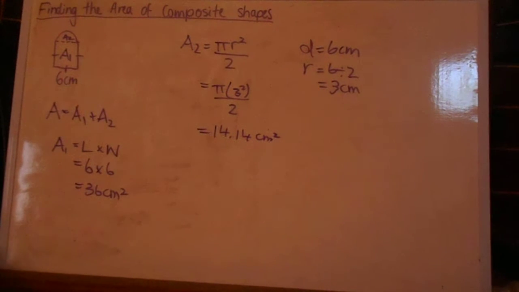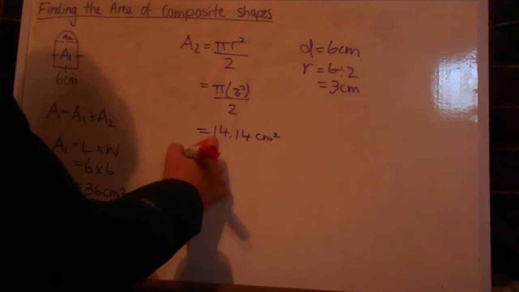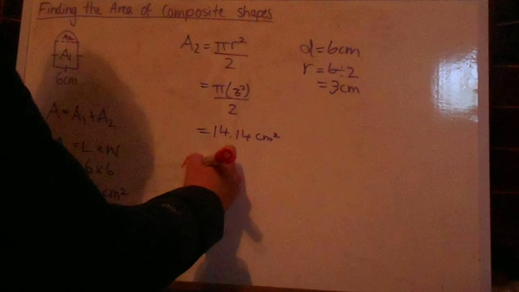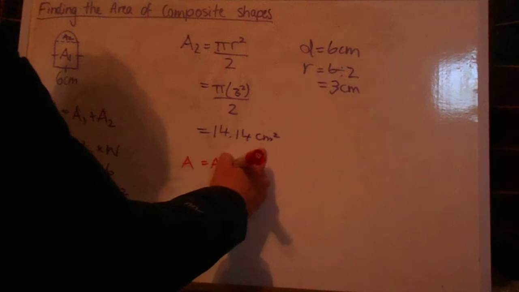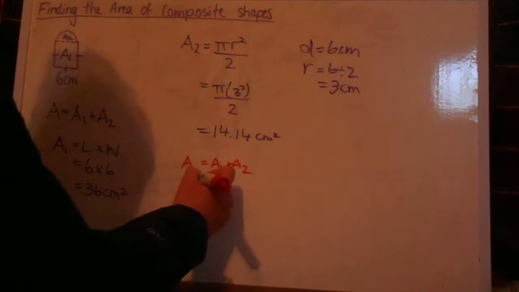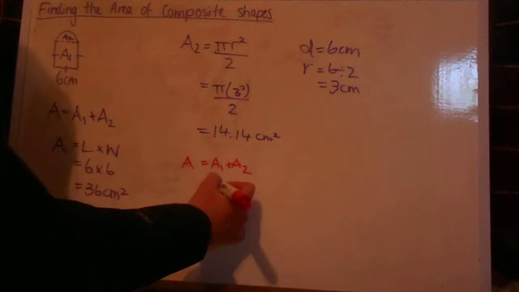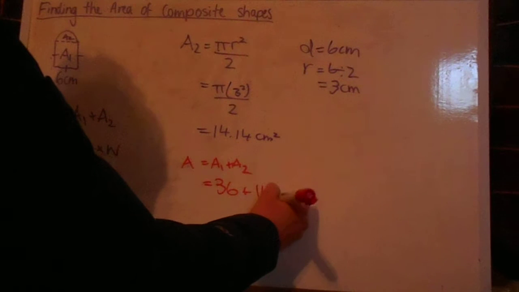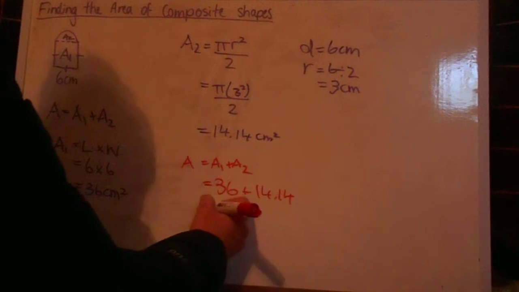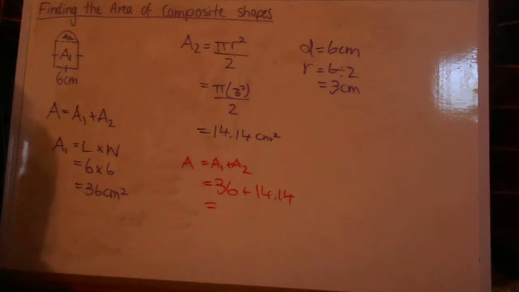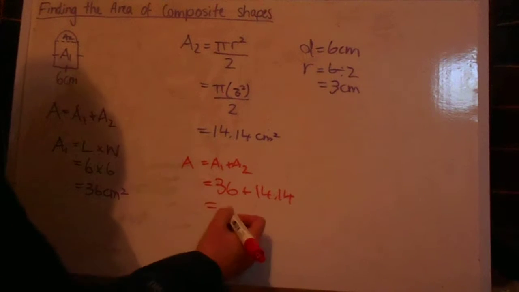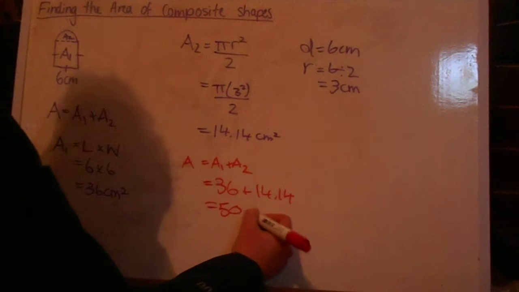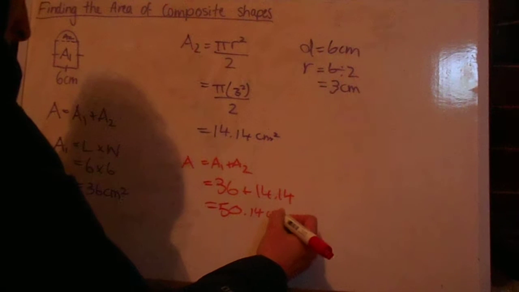So now what we need to do is add them together. So if you're writing this mathematically, what you would need to write is this again. Area equals A1 plus A2, which equals area 1 was 36 centimetres and area 2 is 14.14 centimetres, which is going to give us a total answer of 50.14 centimetres squared, of course.